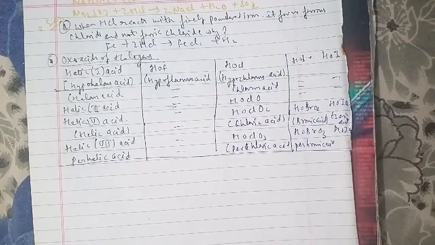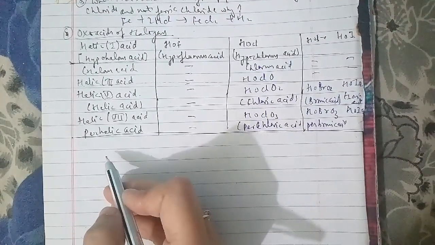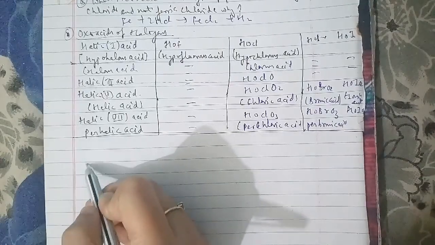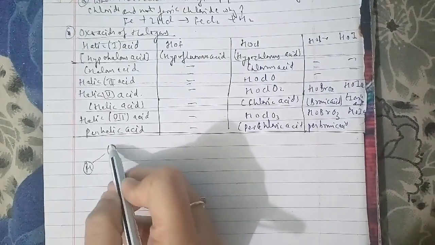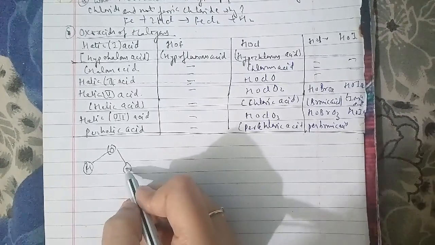Another is H-O-Cl double bond O, chlorous acid. Another is H-O-Cl with two double bonds to O, chloric acid.